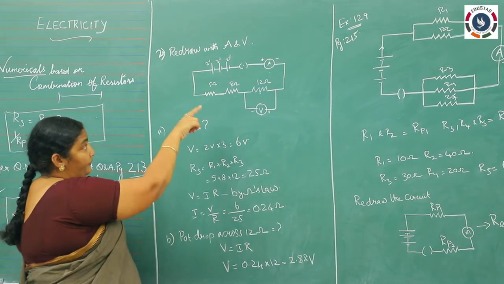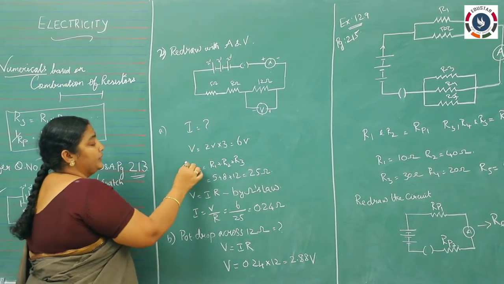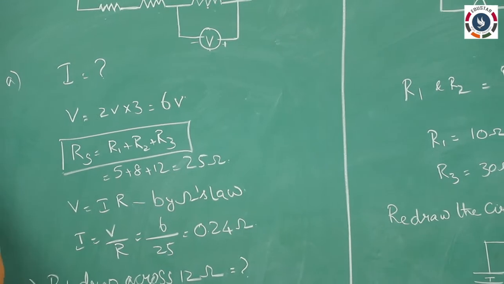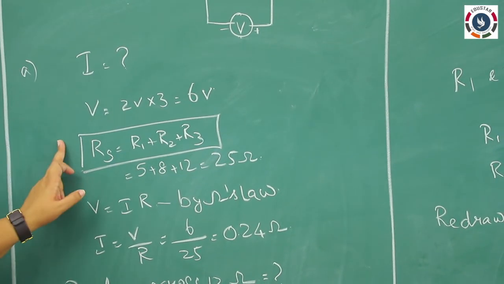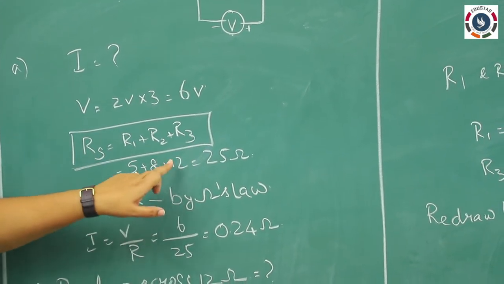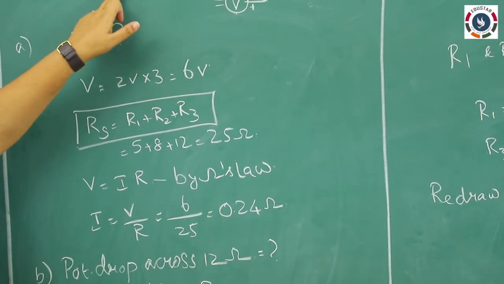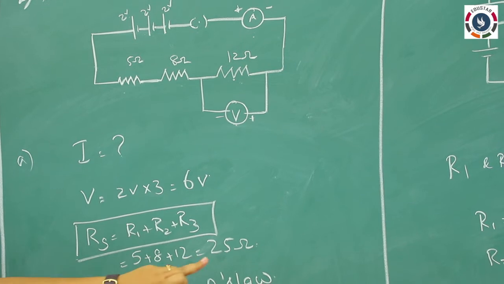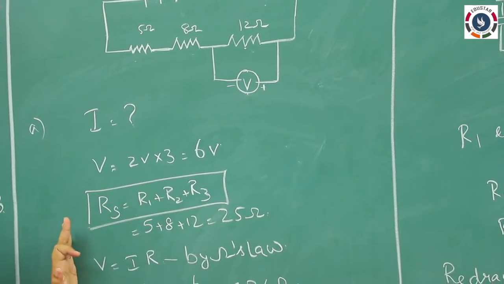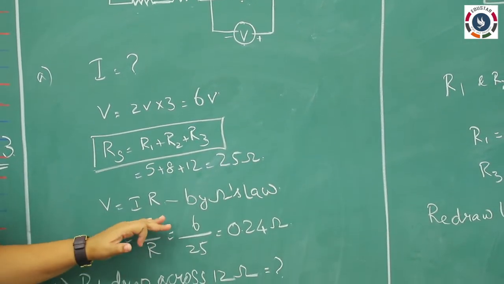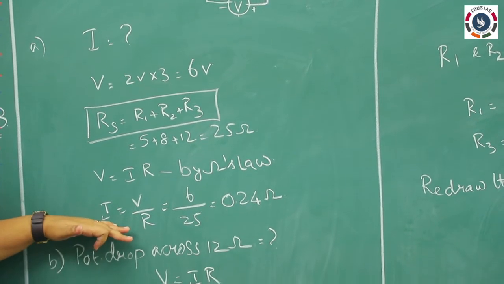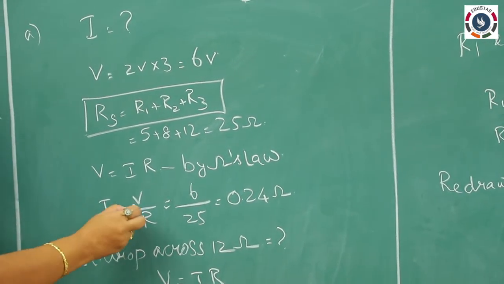To find the effective resistance, use the formula Rs = R1 + R2 + R3. So 5 ohm plus 8 ohm plus 12 ohm, altogether 25 ohm. So the effective resistance of this circuit is 25 ohm. Now use Ohm's law, V = IR. From this you can rearrange the formula as I = V/R.